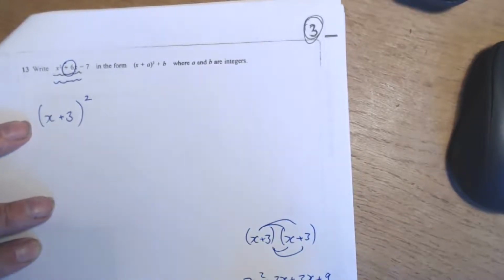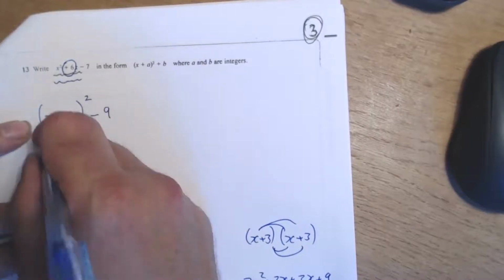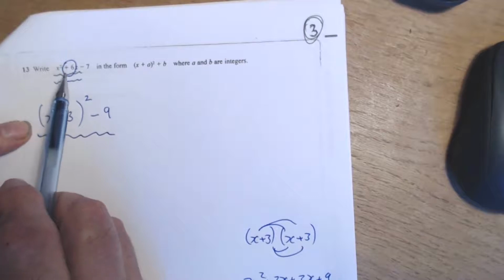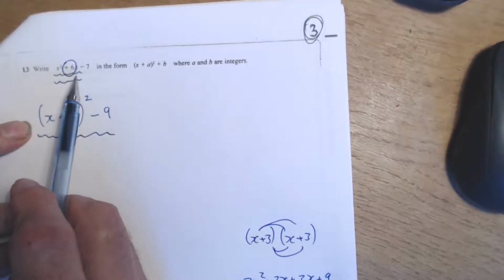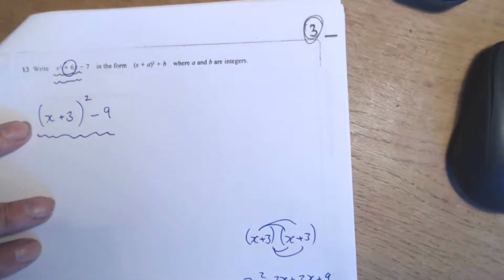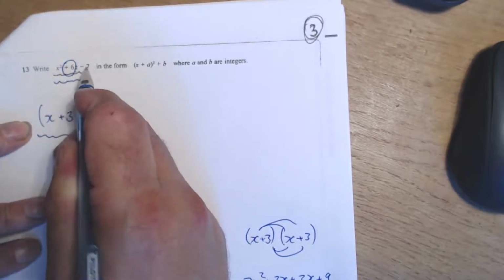Now, we want the x squared, we want the 6x, we do not want the plus 9. So to remove the plus 9, we need to take away 9. That therefore means x squared plus 6x totally lines up with x plus 3 all squared minus 9. We mustn't, of course, forget the minus 7.